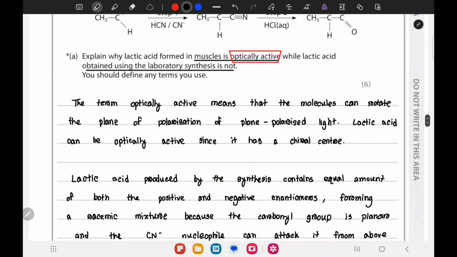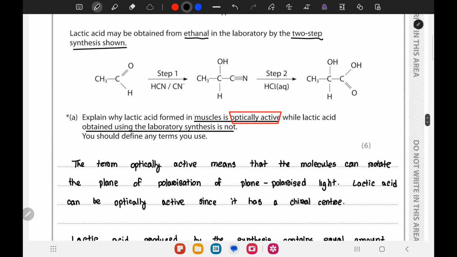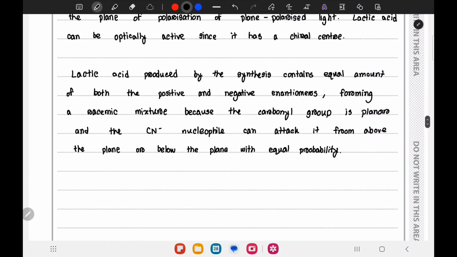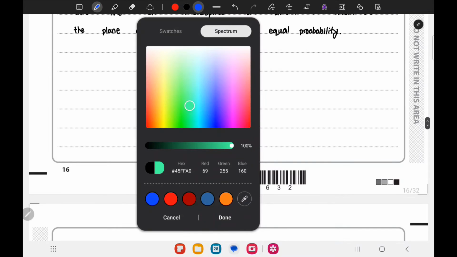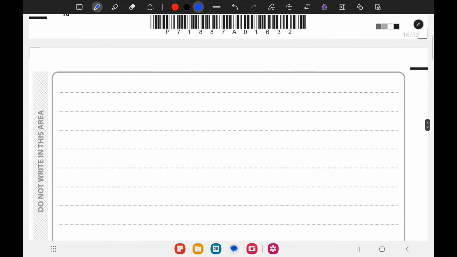Now we have to also explain why the lactic acid in the muscles is optically active. This might be due to a lot of factors. A common factor is that natural processes or physical processes often prefer one optical isomer or optical enantiomer over the other. An example of this is this medicine over here called thalidomide.